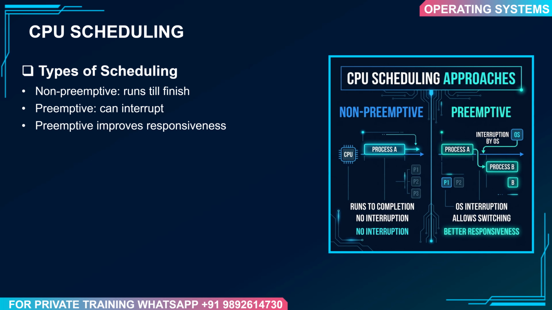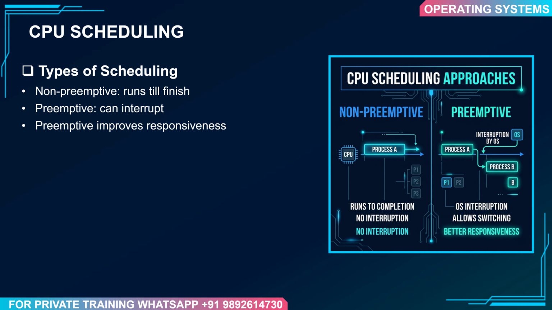Now let's look at two broad ways scheduling can happen. Sometimes, once a process gets the CPU, it keeps it until it finishes or goes into waiting. In other cases, the OS can interrupt a running process and give the CPU to another one. These two approaches are called non-preemptive and preemptive scheduling.